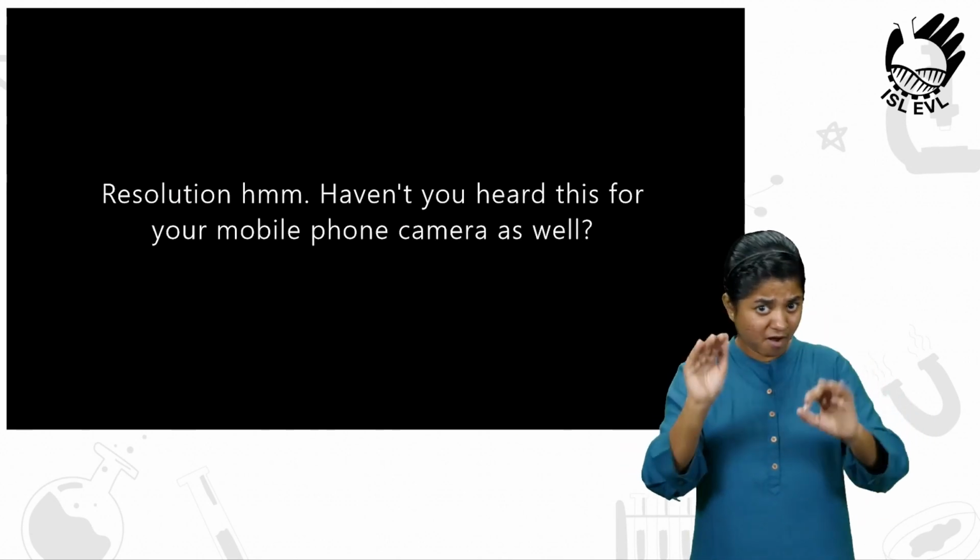But it is not just the magnification. As I told you, you can just keep on magnifying your images, but that is of no use till you are still able to retain the clarity or the resolution. Here the resolution is actually 0.2 nanometer.